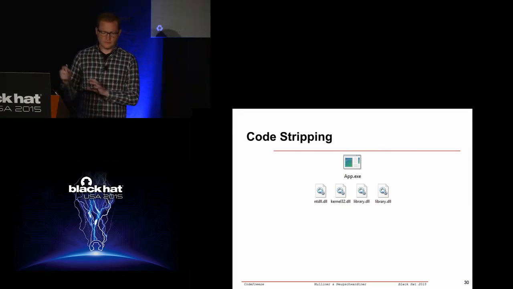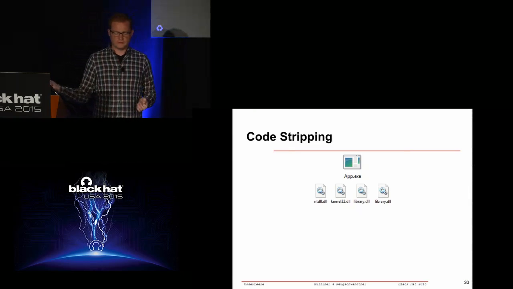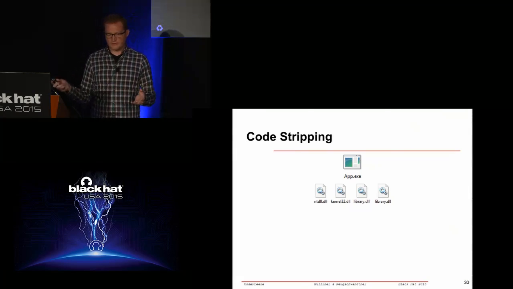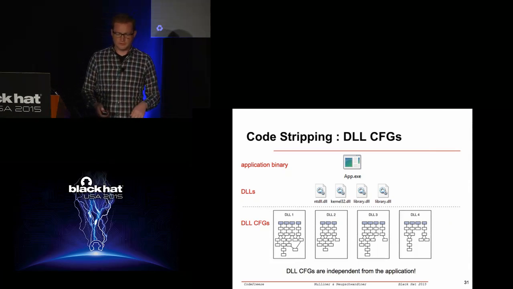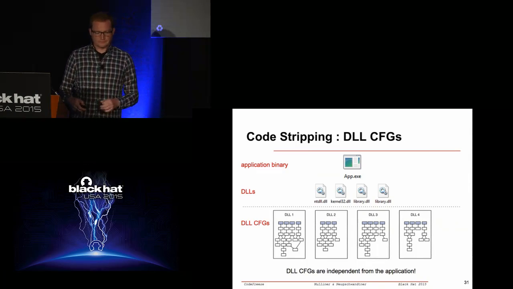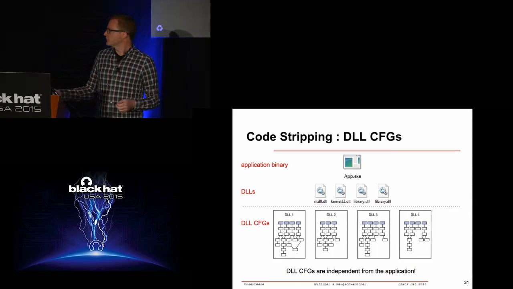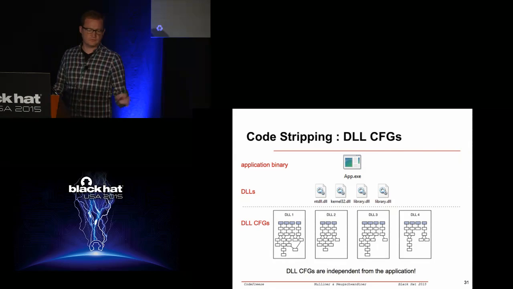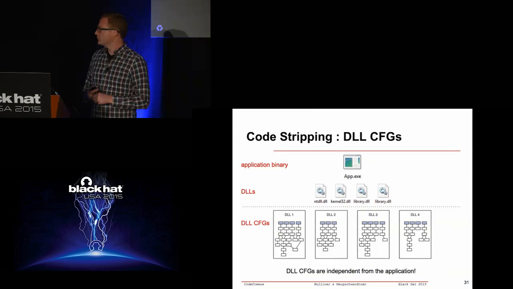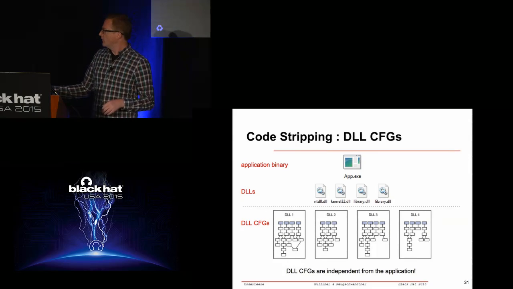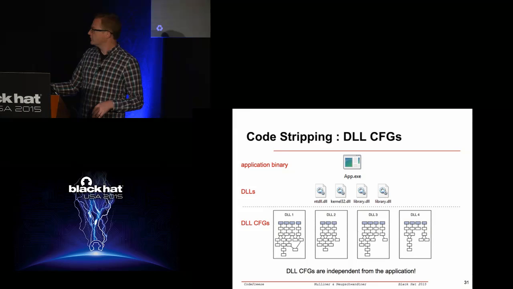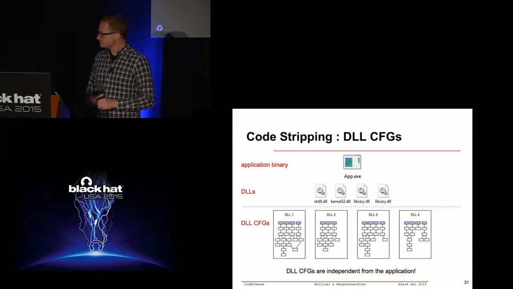This is our main picture. We have the application, and it has a bunch of DLLs. And then we generated these control flow graphs, which we will talk about a little bit later. For each DLL an application uses, we pre-generated these control flow graphs.